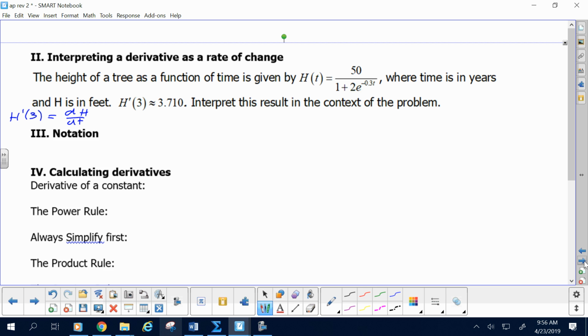It reminds you, oh, I'm comparing changes in height to changes in time. It's a rate of change. So you would say, at time equal 3 years, the height of the tree is... You must interpret the sign when you interpret a derivative.